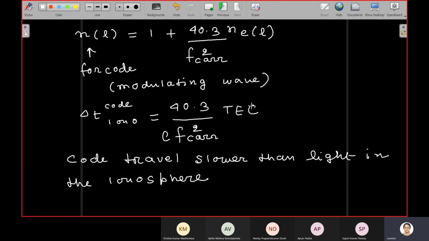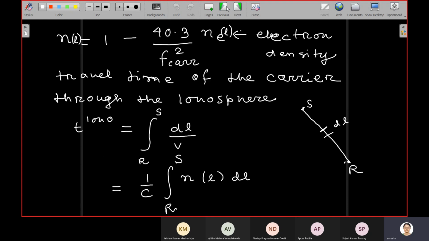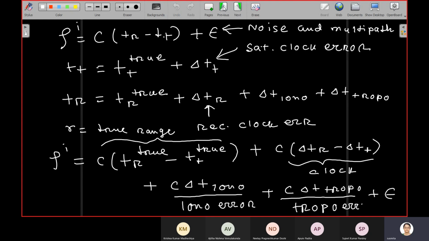Now let's write this whole thing as A by f square, where 40.3 and C are multiplied with TEC and written as A. And here we wrote the expression for pseudo range.